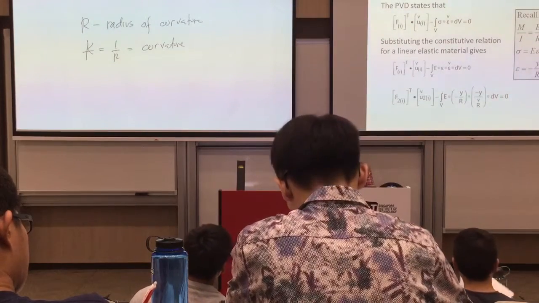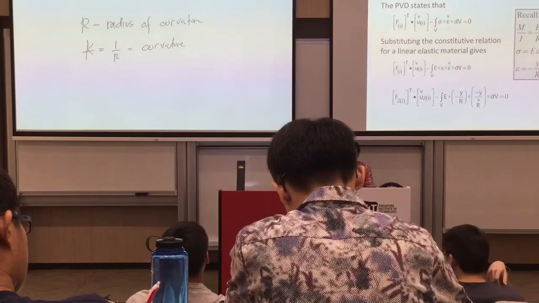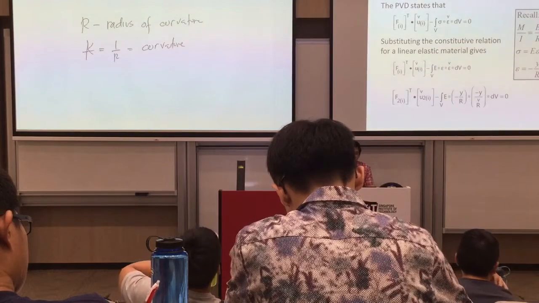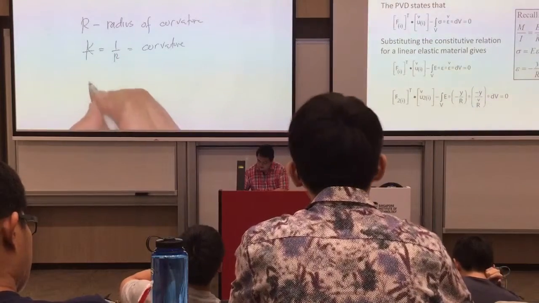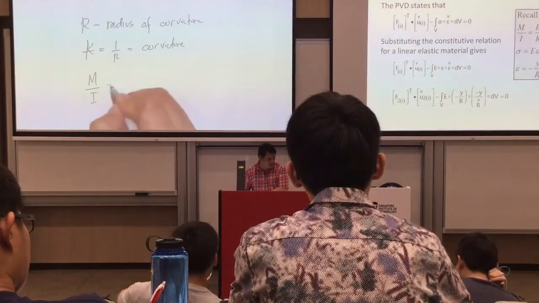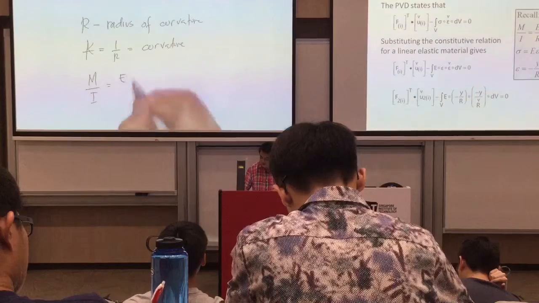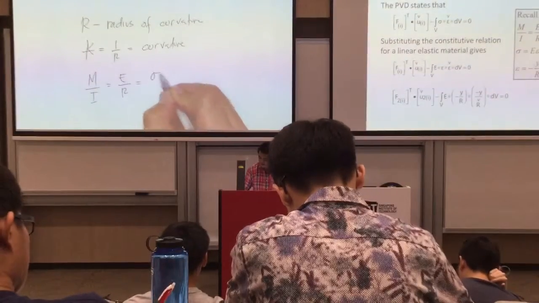And here you have your stress equal to E multiplied by K. Or, for example, you have now here your M over I. Just allow me to put positive values for everything.